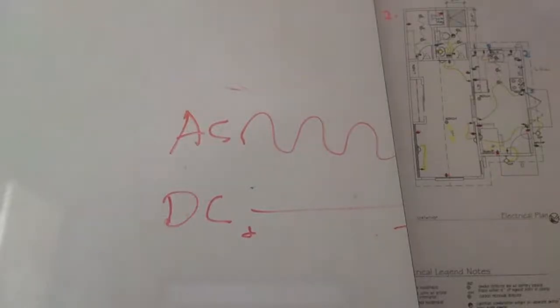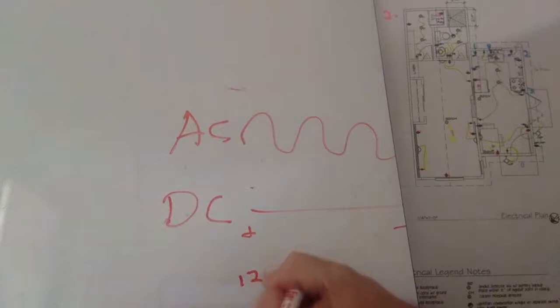Alternating current can travel much farther distances, hence our power from the Hoover Dam coming hundreds of miles down to us, and we still have 120 volts. DC drops off quickly. As you'll learn, the next set of plans we go over is the landscape set of plans. It's DC, 12 volts, right?